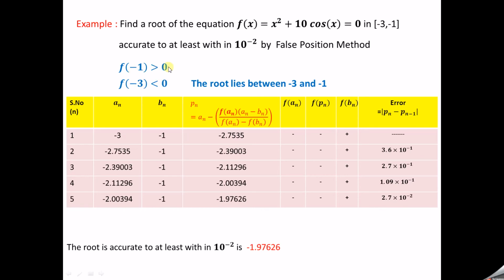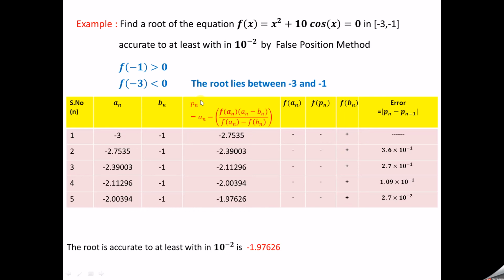At minus 1 it is positive, at minus 3 negative. So the root lies between minus 3 and minus 1. So take a1 as minus 3, b1 as minus 1. The function value at a1 is negative, and at b1 is positive.